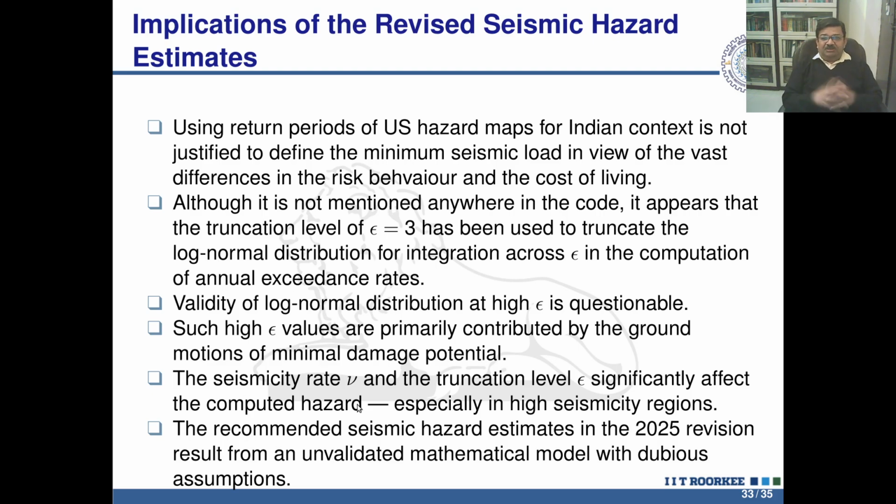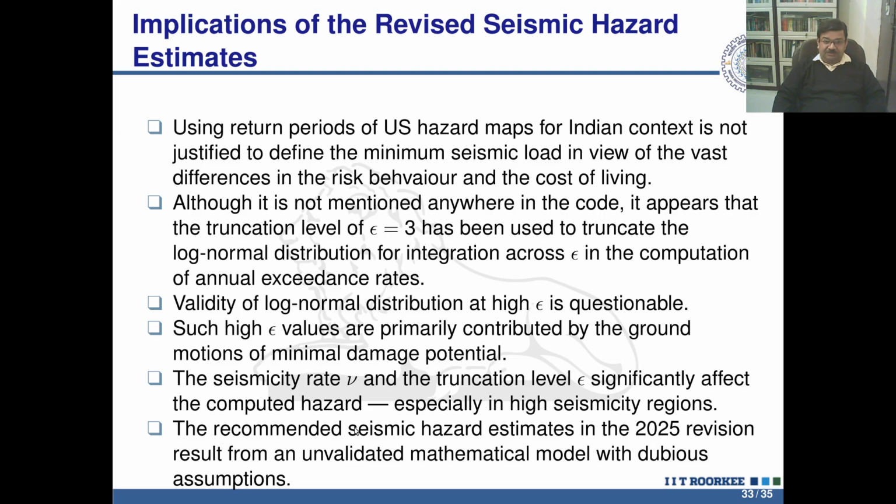Seismicity rate nu and the truncation level epsilon significantly affect the computed hazard, especially in the high seismicity region, and that is why we are getting the difference of 85% in these two versions, despite the attempt to match the seismicity in the low seismicity, lower zones.